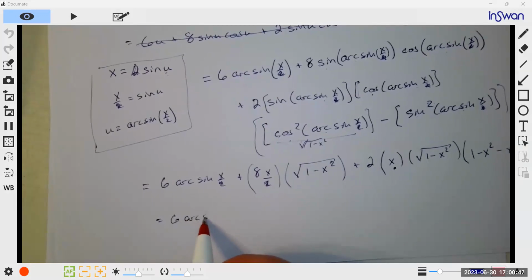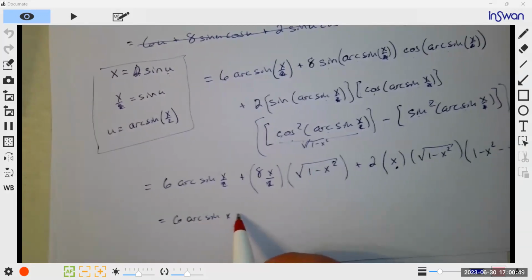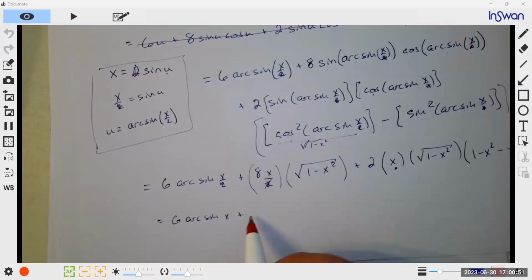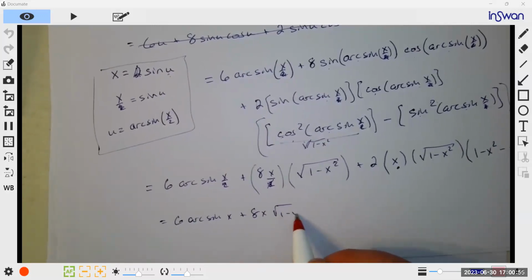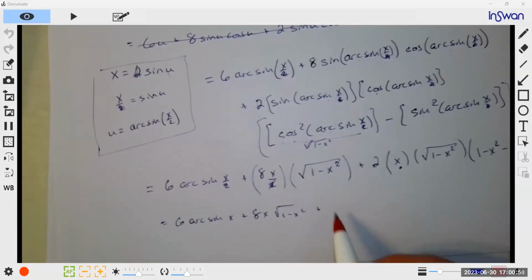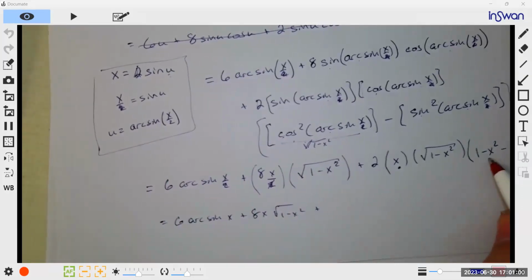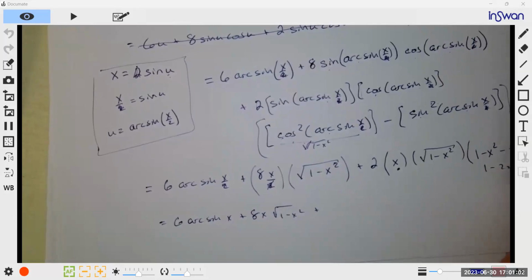6 arcsine of x, 8x times radical 1 minus x squared. This becomes 1 minus 2x squared.